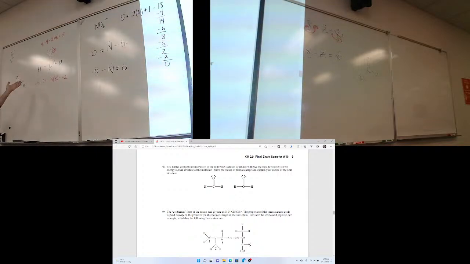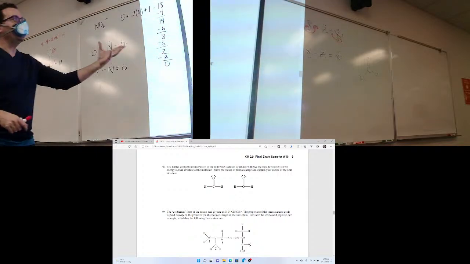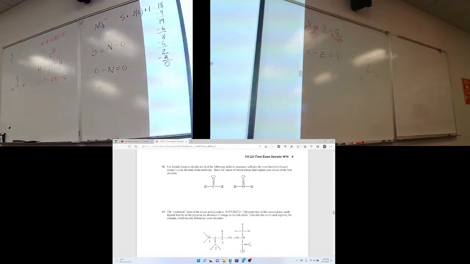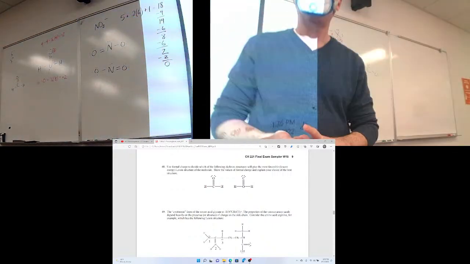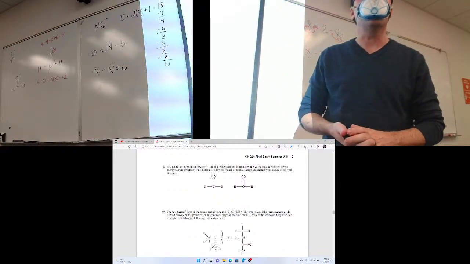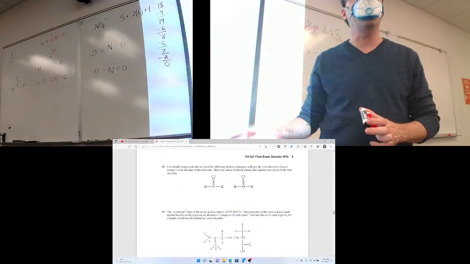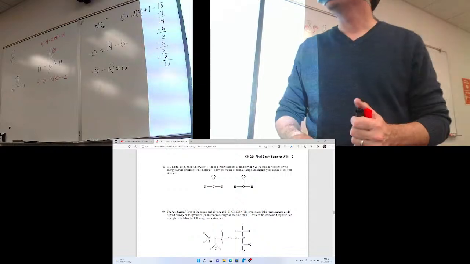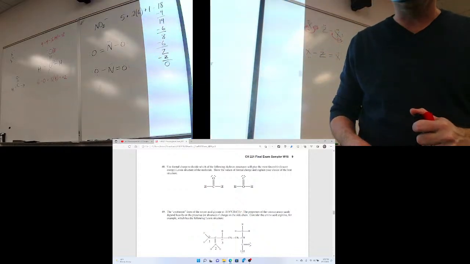So that one's the correct one. The explanation is that it has no formal charges, and the other one does. Even the sign of the charges matters: you want negative formal charges on the more electronegative element, and the negative is on the carbon. That's pretty bad. That's not going to form at all.